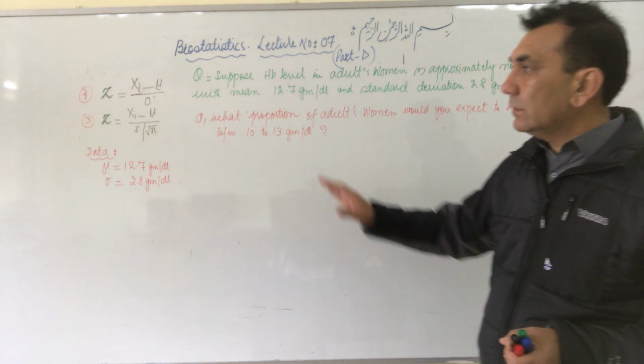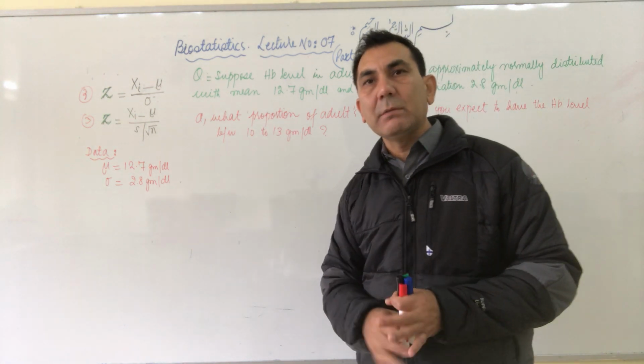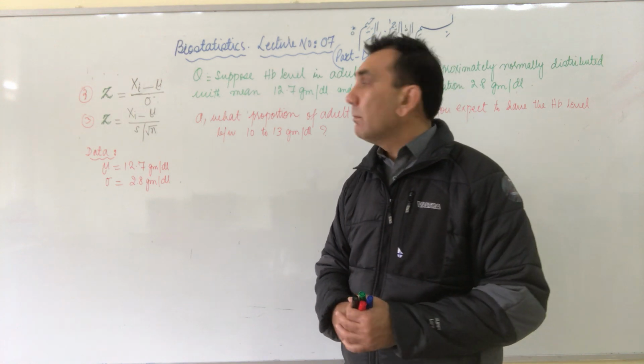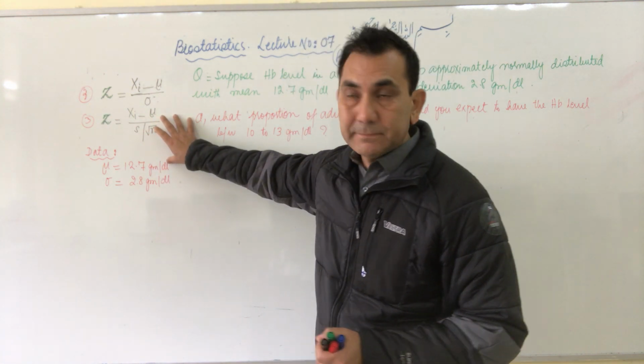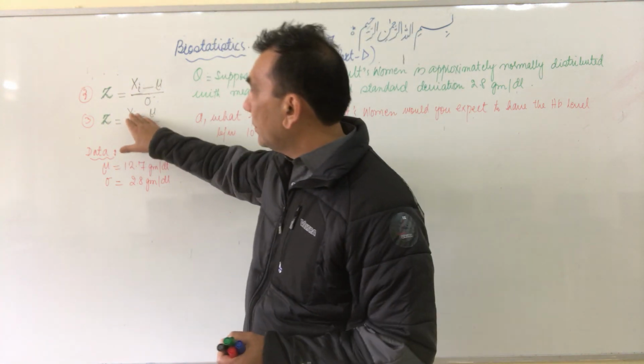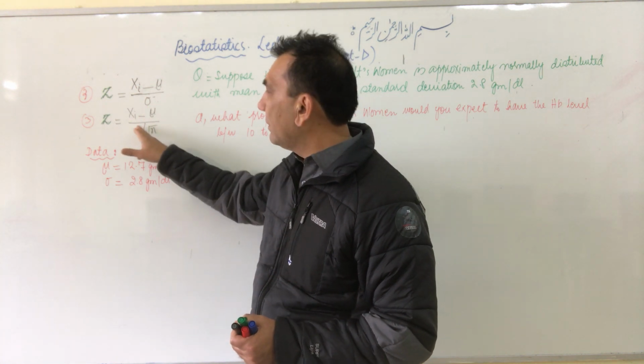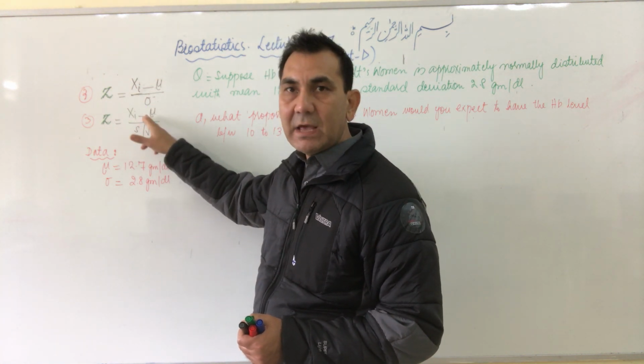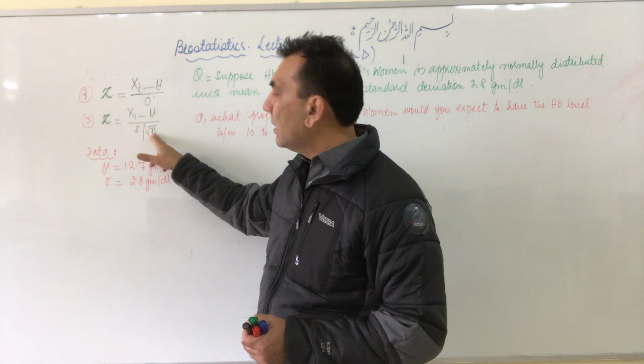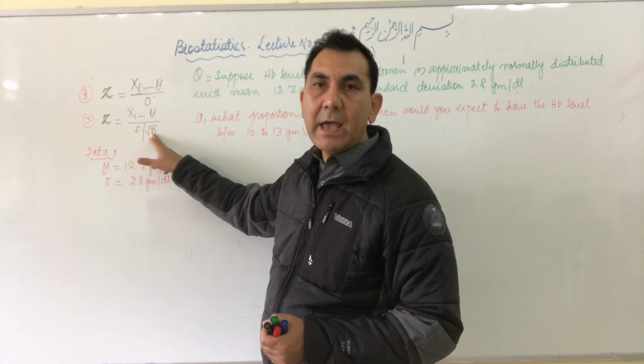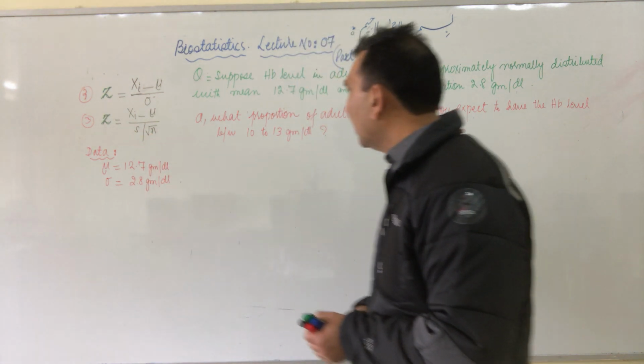Now, the third way to measure the normal distribution under the normal curve is by using the sample size: z is equal to xi minus mu divided by the standard deviation divided by the square root of n, where n is the sample size.